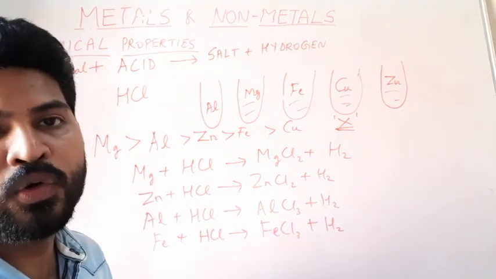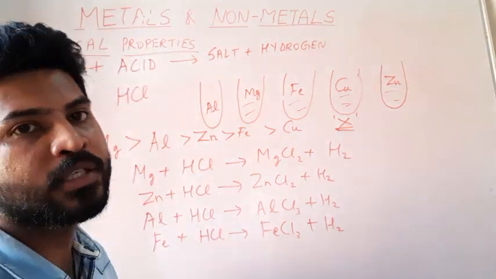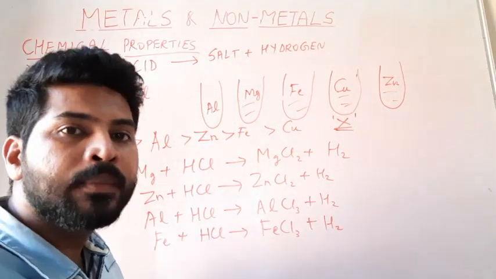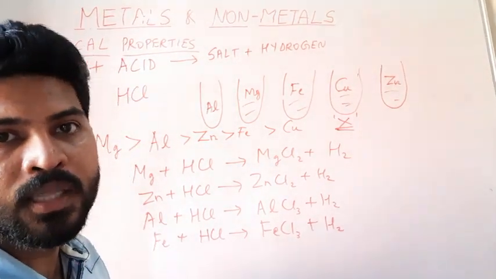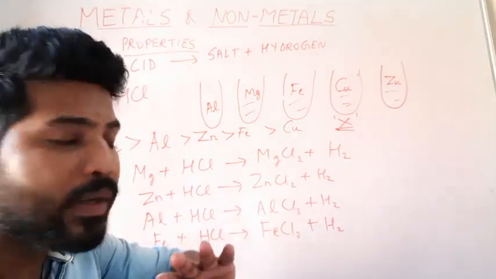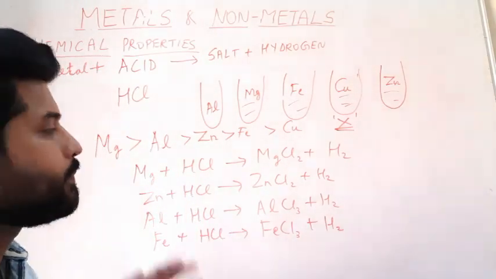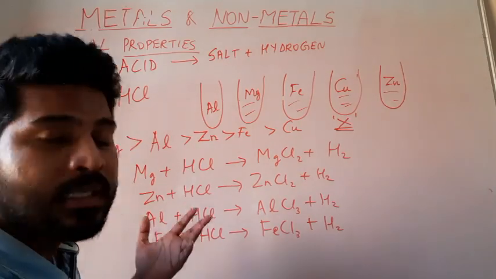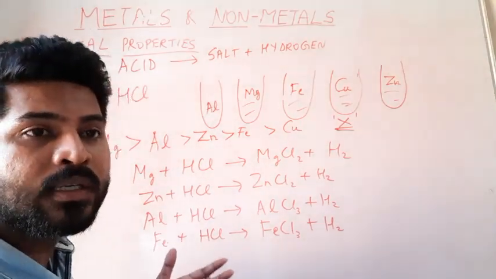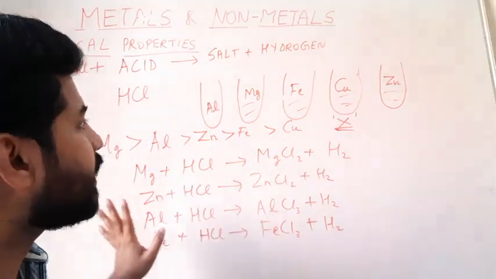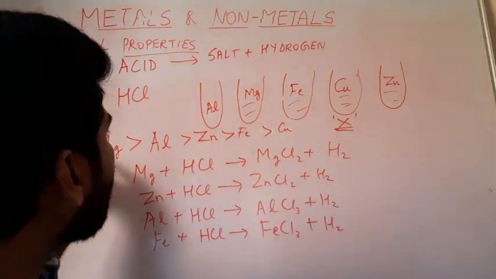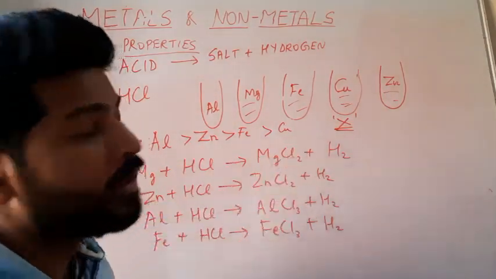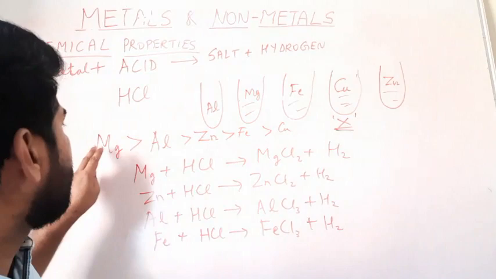Copper does not show any formation of bubbles in the test tube, nor is there an increase in temperature in the thermometer. So copper does not show any reaction with acid at all, because maybe copper is less reactive than hydrogen itself. So this would be the order in decreasing reactivity.